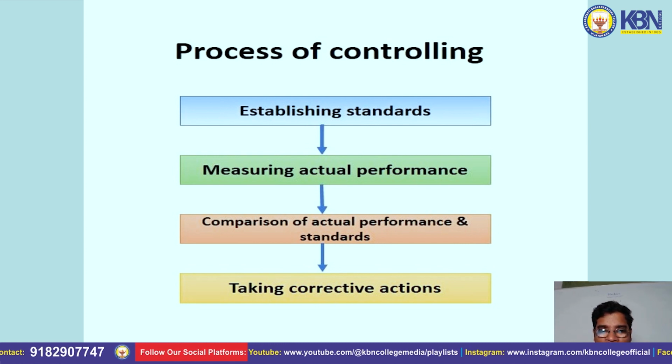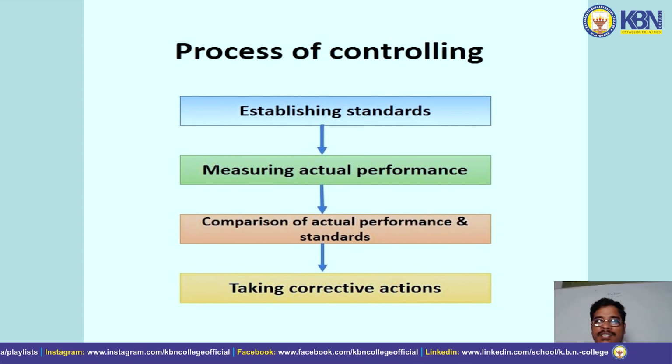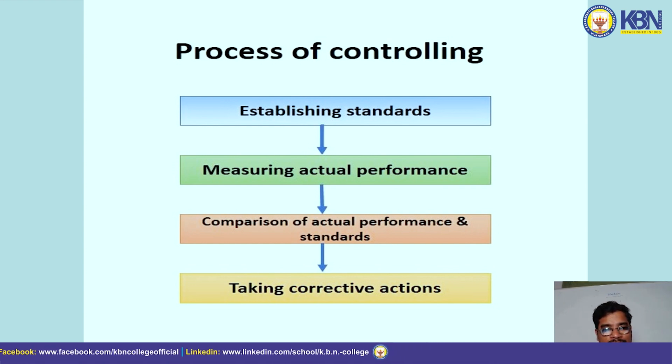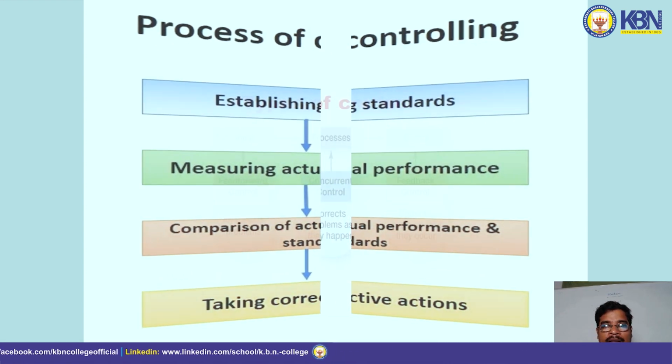Moreover, we can compare the actual performance and the standard performance, and we can go for taking corrective actions also. So these are the 4 steps every manager has to keep concentrating on when applying a concept called controlling. He needs to take corrective actions also.